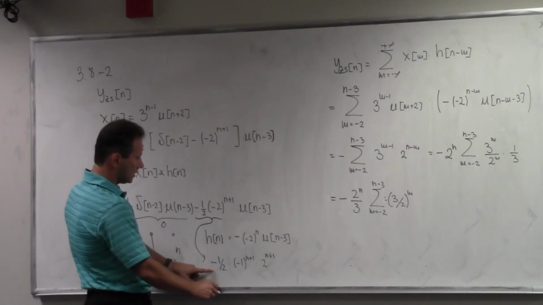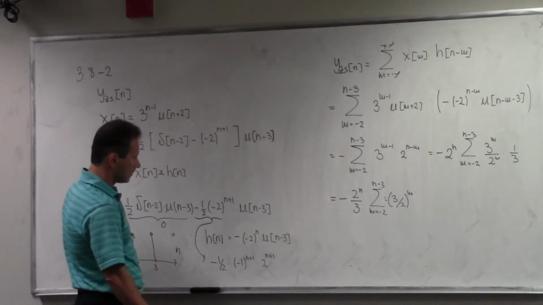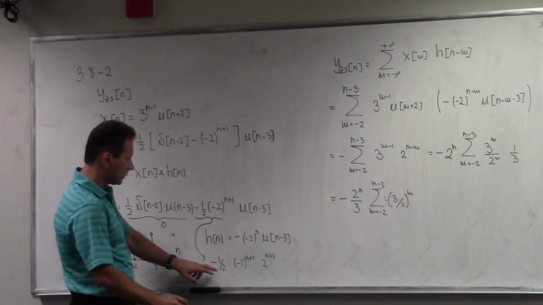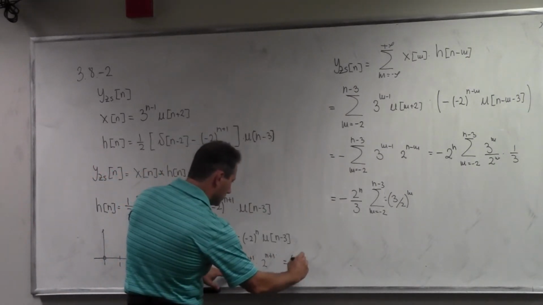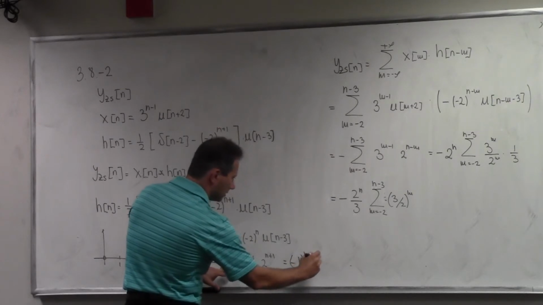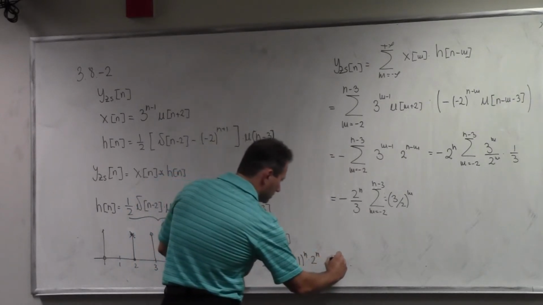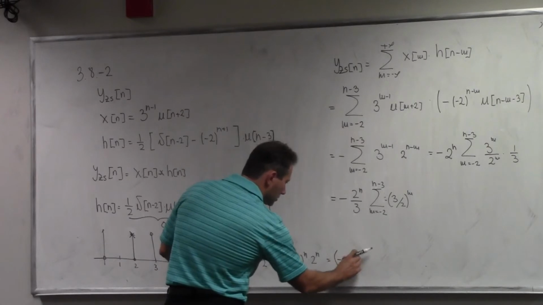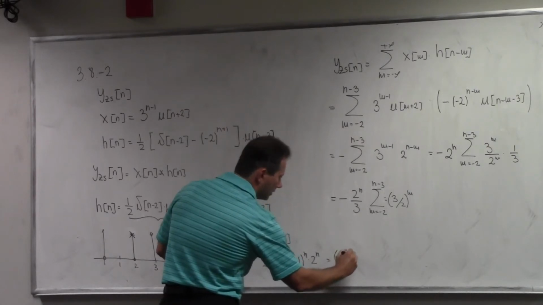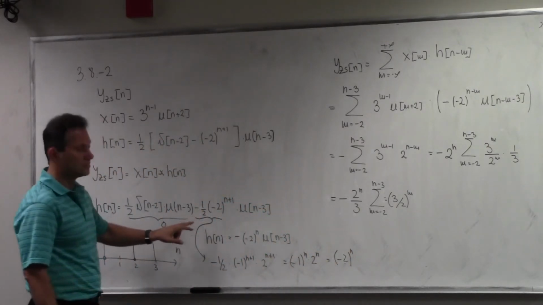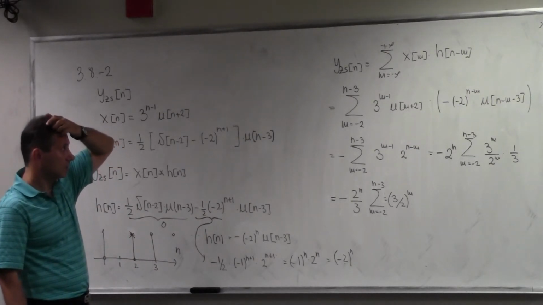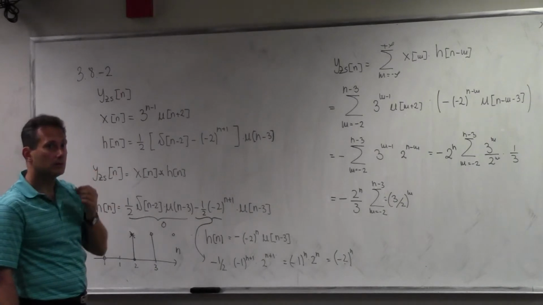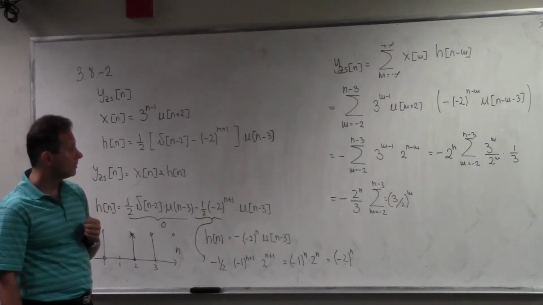And I guess you can say then this minus 1, so this becomes minus 1 to the n times 2 to the n, which you can say is minus 1 times minus 2 to the n. And then you can have plus, which is the same as what I have here. Right, so I guess you're right. So you still currently have a negative, right? That's what you're trying to say.